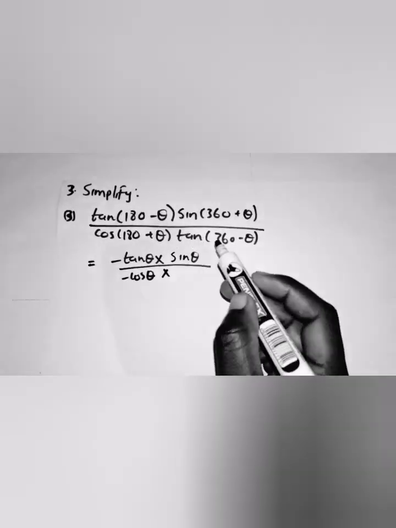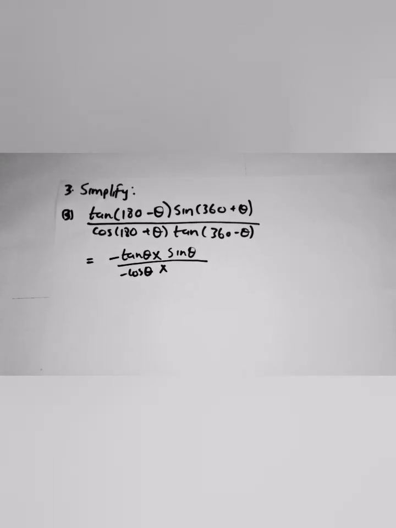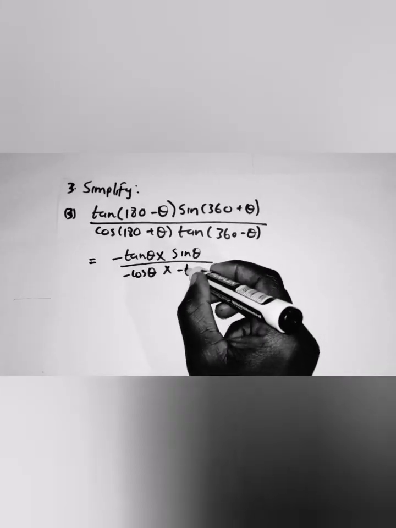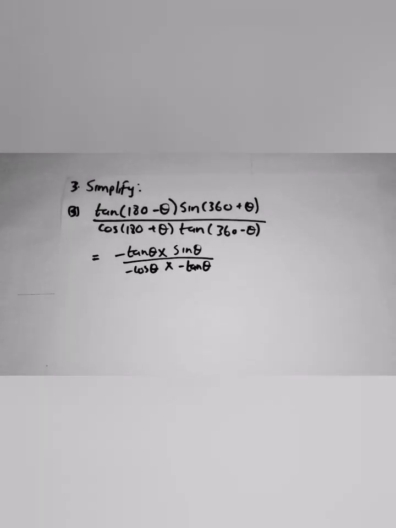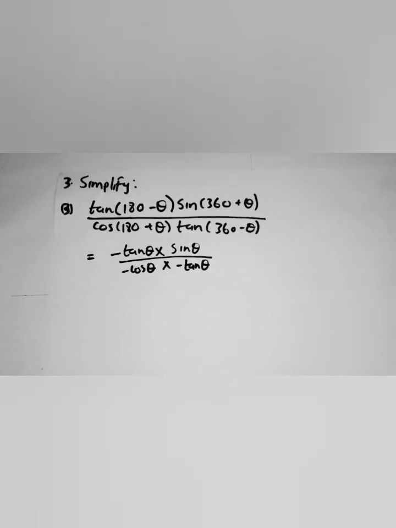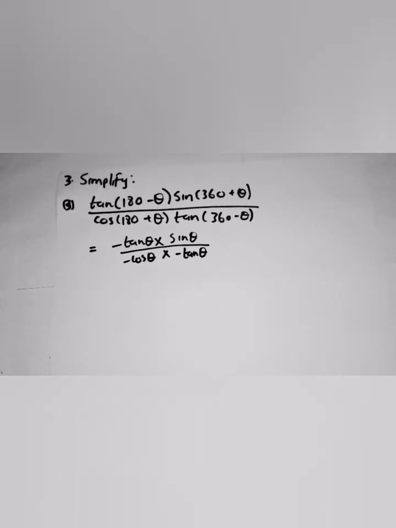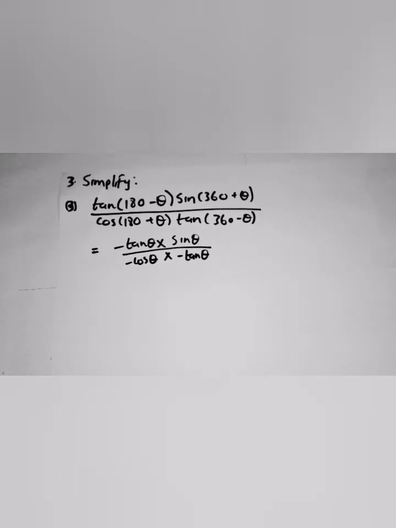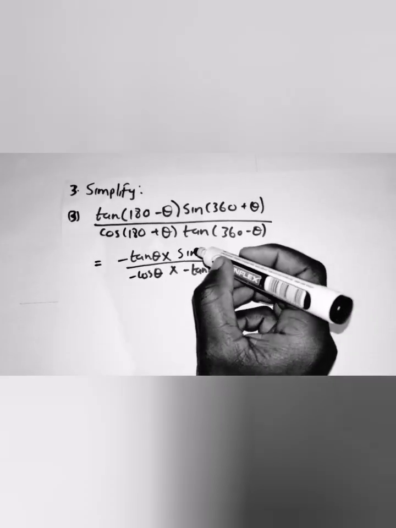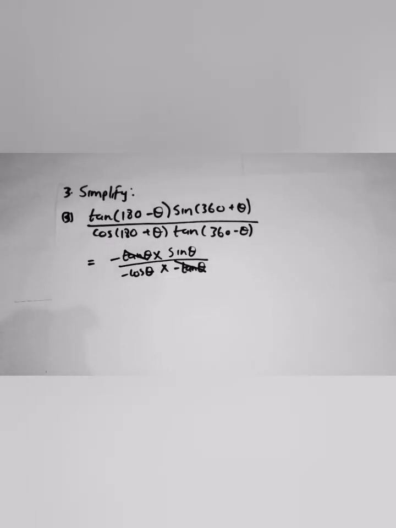Times tan 360 minus, that's the fourth quadrant. Now tan there is negative because it doesn't belong there, it belongs to the third quadrant. Now we'll have negative tan theta. I hope you guys understand this. Now here what we can do, we simplify until we get a single trigonometric ratio. So there we have negative tan theta, which can cancel. Then we are left with what?